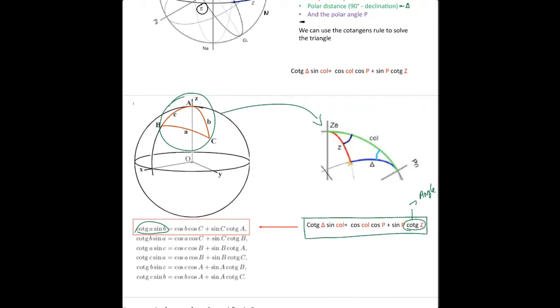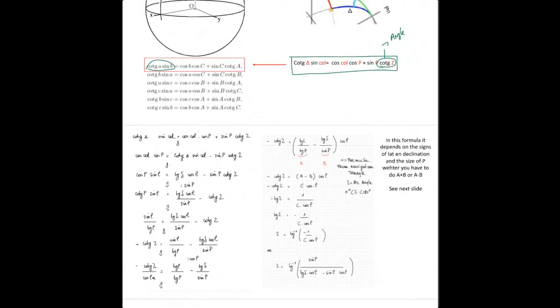It's this angle here that we are looking for. Okay, voilà. So how do we do this? We started off from this formula here. It equals that one there, and then we bring this to the front.